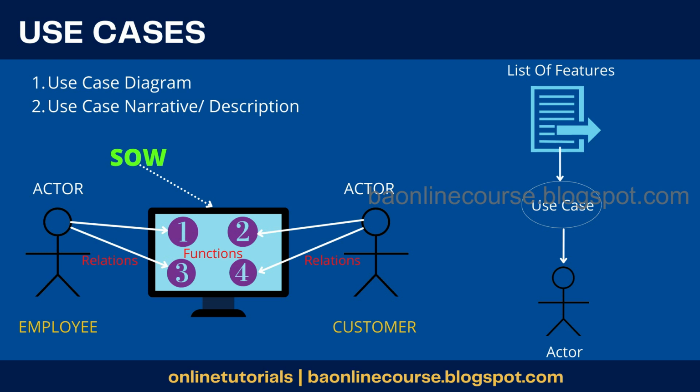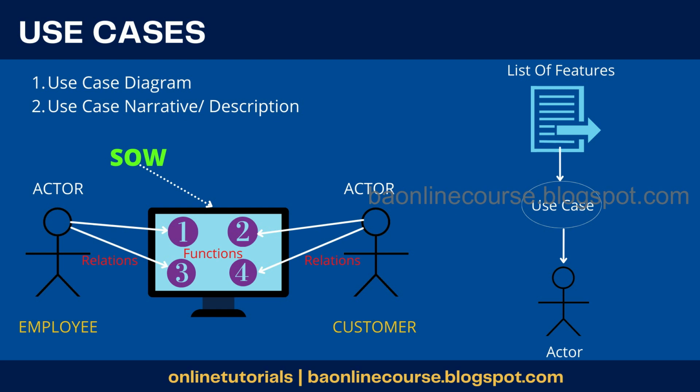So broadly what we are doing is we are identifying the system boundary and then saying that the system would offer these 4 or 5 features that the end users, or actors as we call them, would be using, right? So pictorially it's representing this is how the system would look like. This is what are the features that they would offer, and these are the people who are using it, right?